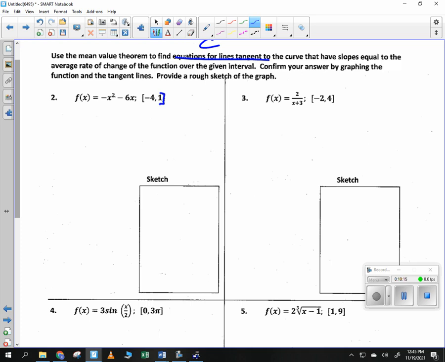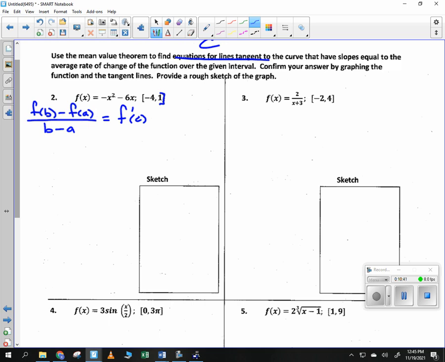I should really go back and clean up these notes. So we're going to start by doing this part. F of B minus F of A over B minus A. And we're going to show that that's equal to F prime of C. And our goal is to find C in this situation.